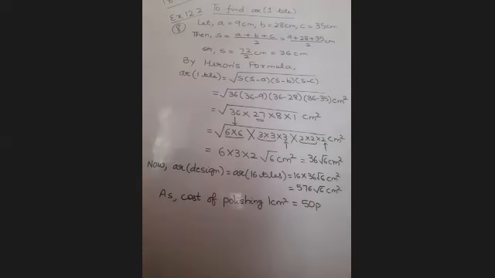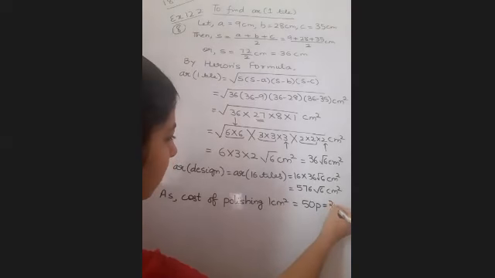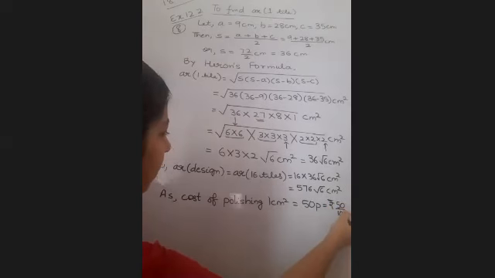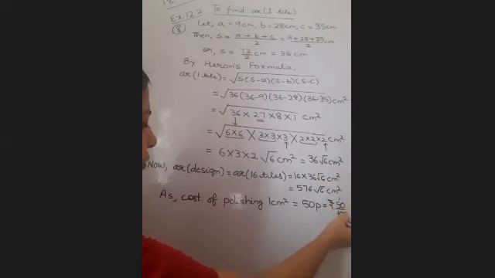We divide by 100. So 50 by 100 becomes 1 by 2. Don't put it in decimal, let it be 1 by 2.